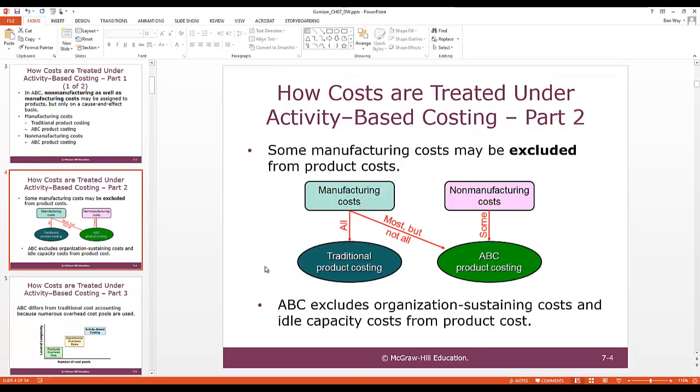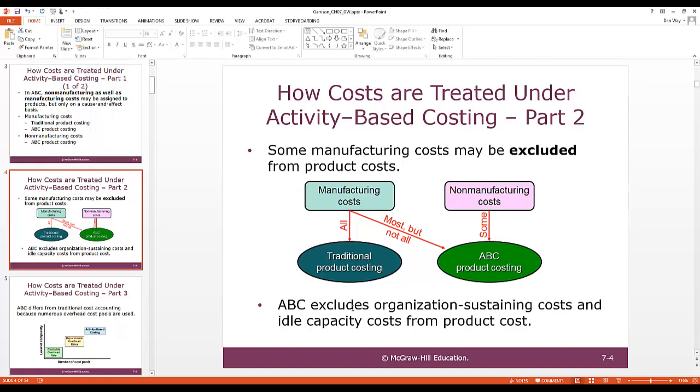So if we think about that in a short little flow here of those two different types of costs, all of our manufacturing costs got assigned to products under our traditional costing. Most, but not all of those end up being assigned to products under ABC. And then non-manufacturing costs, in addition, some of those will be assigned to products under ABC, whereas none of those were assigned to products under our traditional costing.